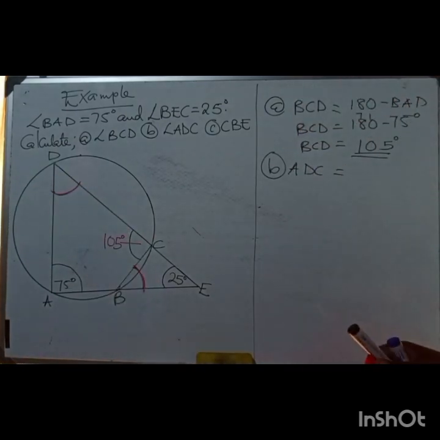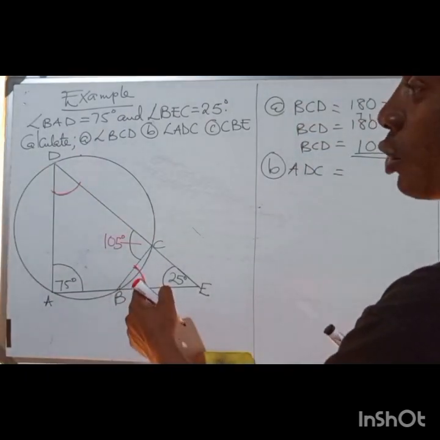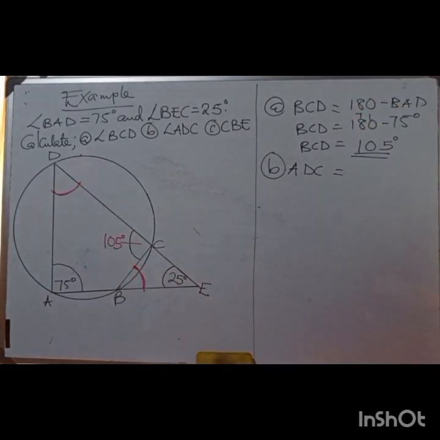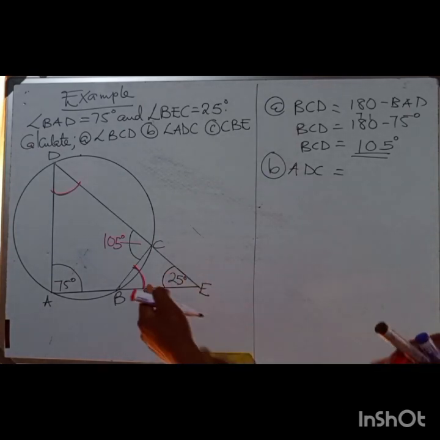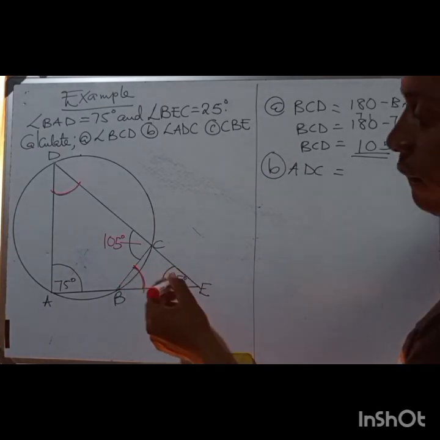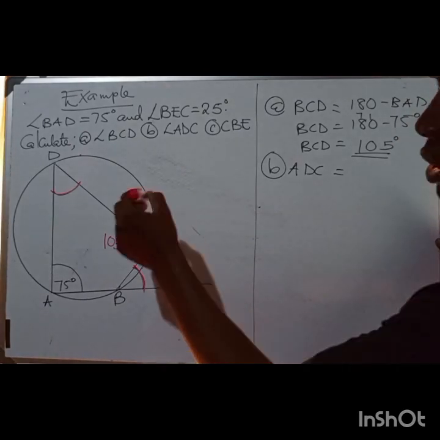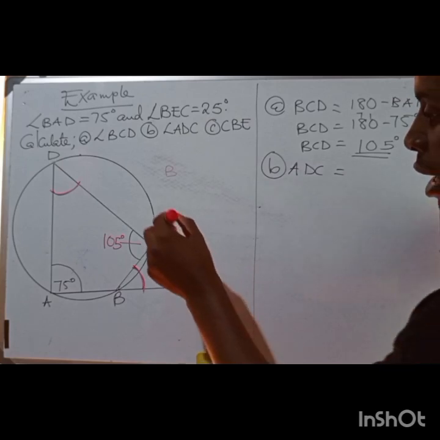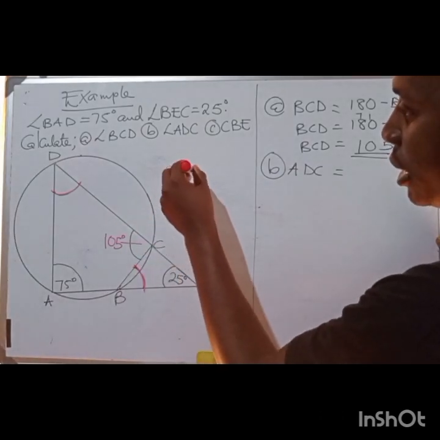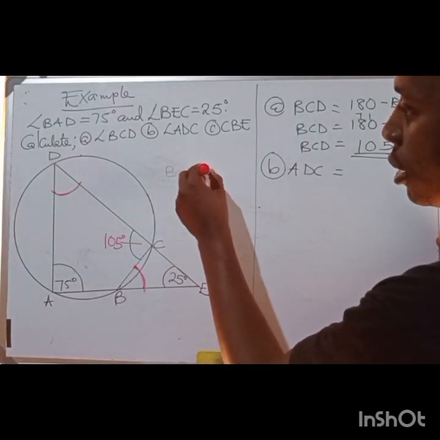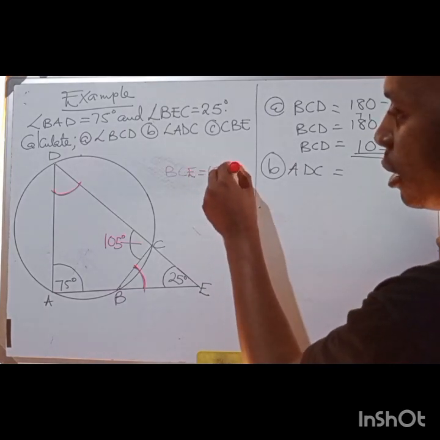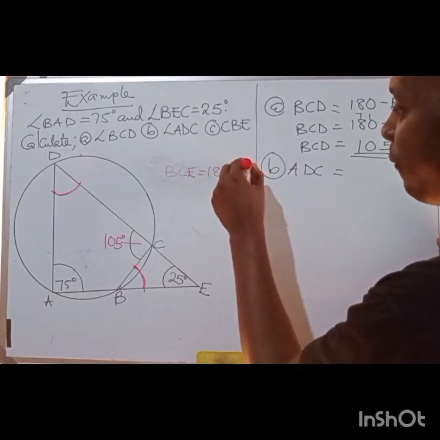Now, if we don't know this one, it will be difficult to know that one. So let us first know this angle. How are we going to know that angle? We are going to know that angle by first of all finding angle BCE, which is equal to 180 minus 105.